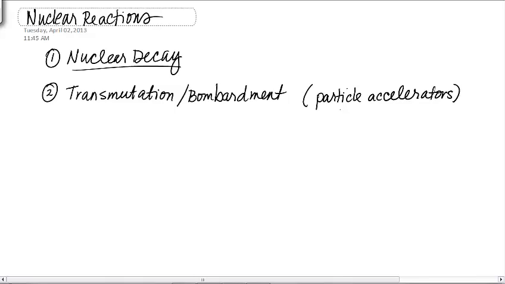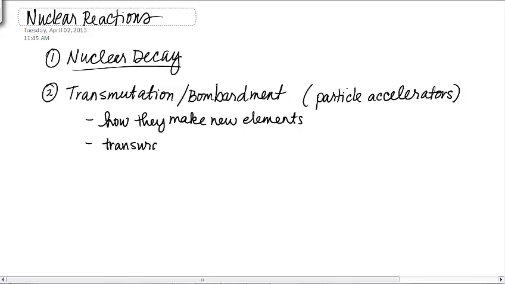Particle accelerators use magnets in order to get two atomic nuclei to go very fast at each other. And essentially, this is how they make new elements. Specifically, this is how they make the transuranium elements.